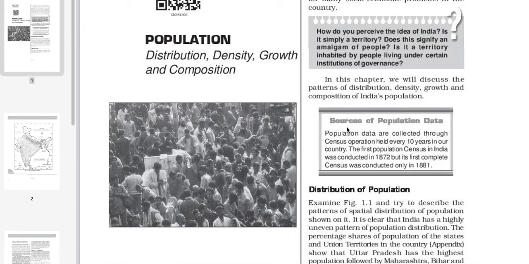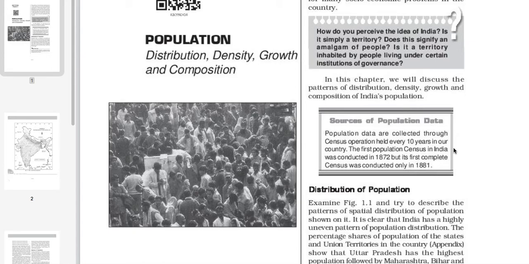Firstly, you have to know what the sources of population data are. Population data is collected through the census, and the census is conducted after every 10 years. The first population census in India was conducted in 1872, but it was incomplete. So the complete census was conducted in 1881.